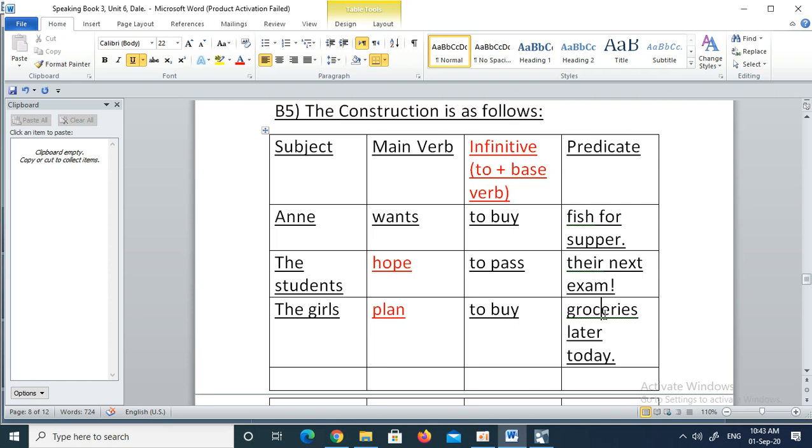Okay, if you gave me any 2 sentences and you had a proper subject in the first block, hope as your main verb in the first sentence and plan in the second sentence, and any proper infinitive, to plus a base verb, in the third block, and any logical predicate in the fourth block, your sentence should be okay.